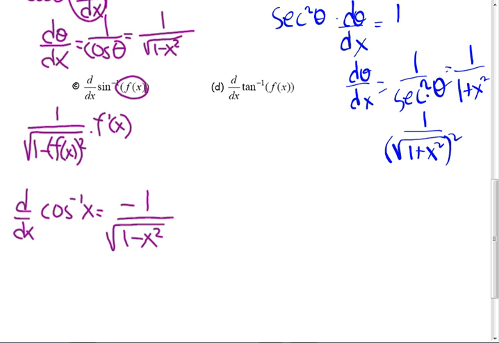This is 1 over 1 plus the input, which is f of x squared, times the derivative of the inside function. Because the formula for tangent is 1 over 1 plus x squared. What's my input? It's no longer x. It's now f of x. This is composite functions. Then what do you have to do? Multiply by f prime of x.